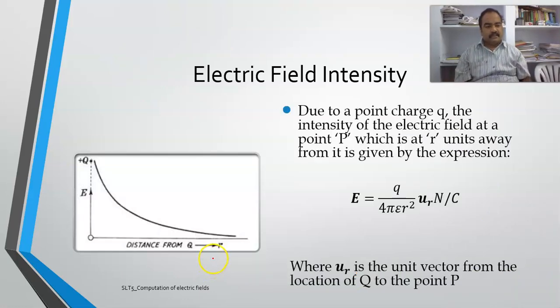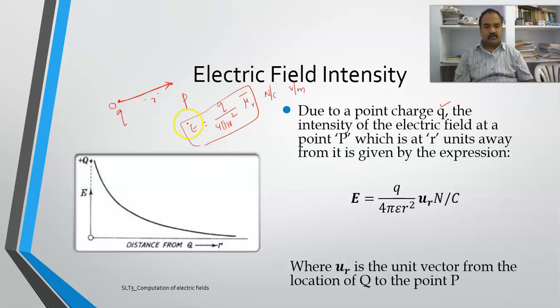Having said this, as we have seen in the last slide, consider a point charge Q placed at O, and a point P which is at a distance R. The electric field at this point P is given by Q by 4 pi epsilon R square, and since it is a vector, it is along a unit vector directed along this distance. The units are newton per coulomb, or volt per meter. So this is the expression.